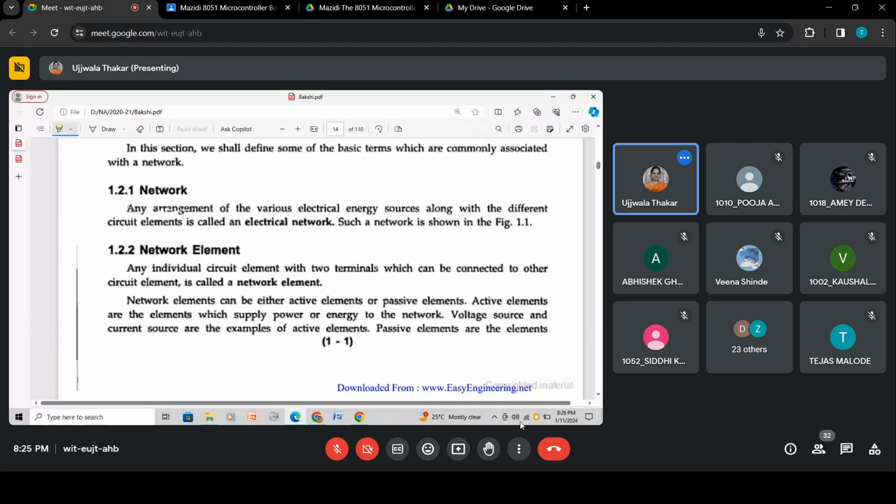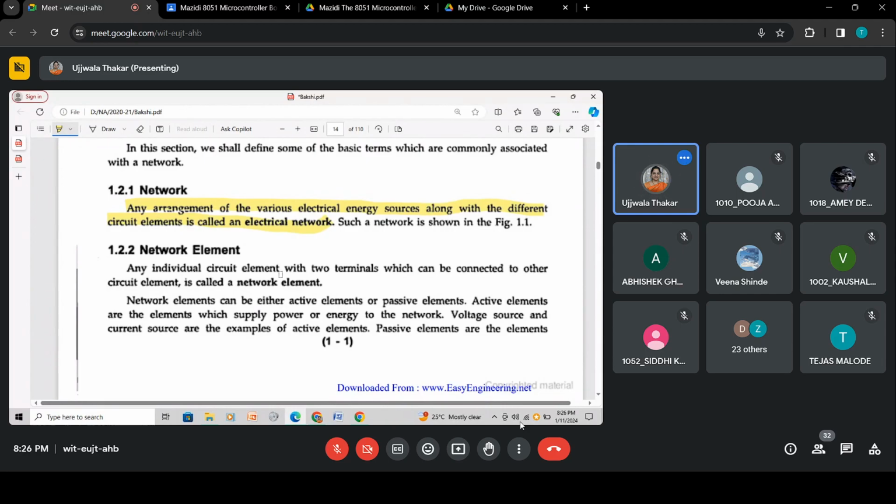Any arrangement of the various electrical energy sources along with the different circuit elements is called an electrical network. So the highlighted part is important to you.